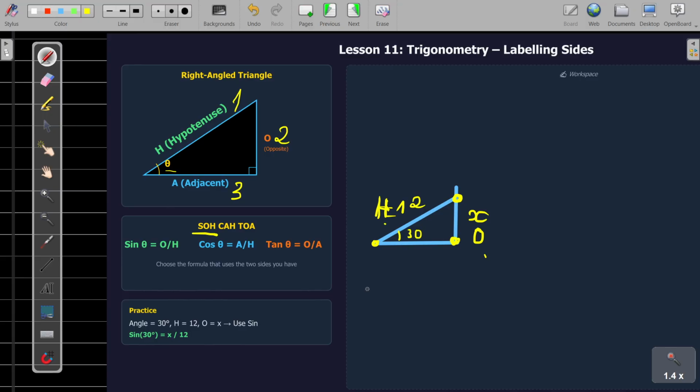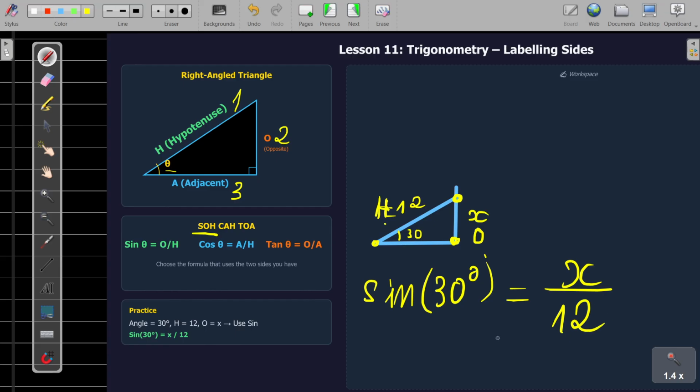SOH here. So we're going to write sin of 30 degrees equals x over 12. This should give us 1/2, I believe. And then if you try to solve this, I want to make this denominator equal, so x over 12, this will be 6 over 12.